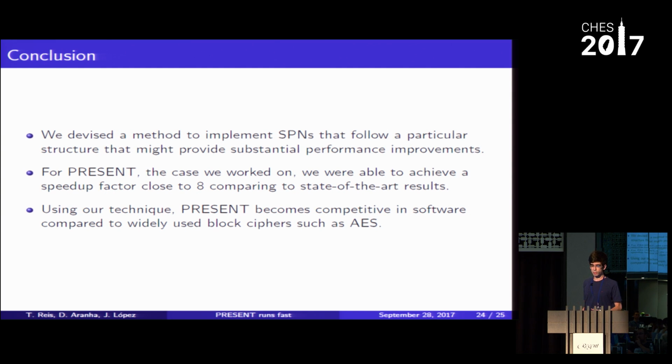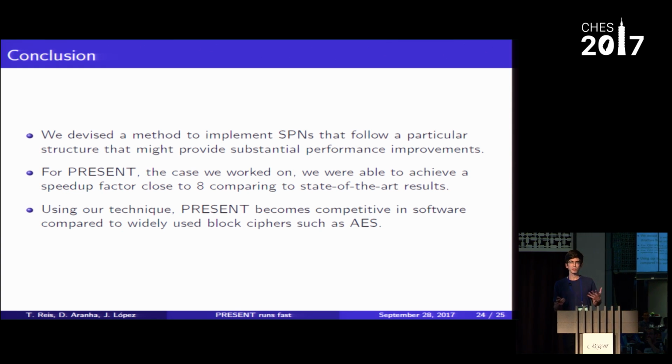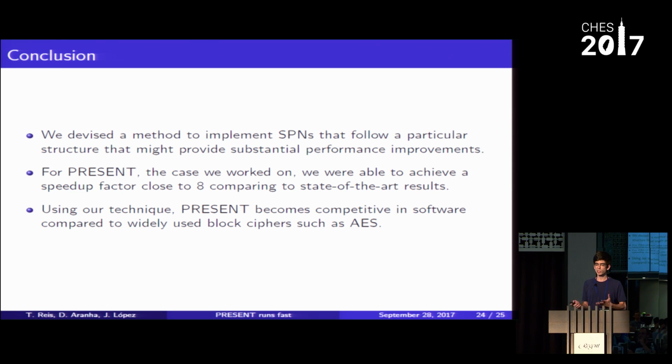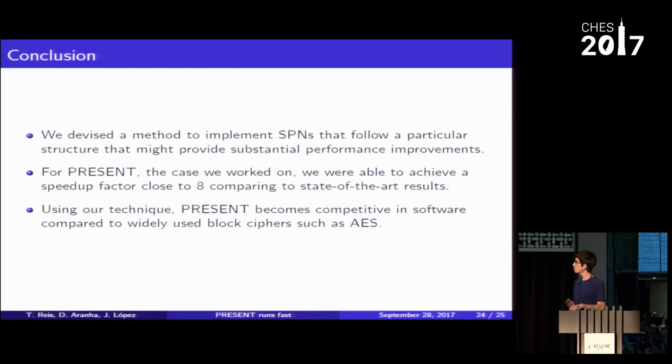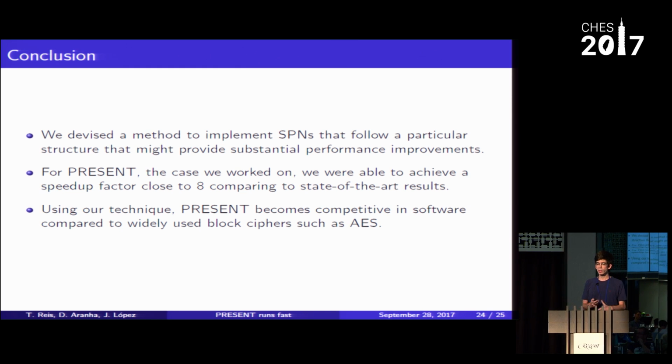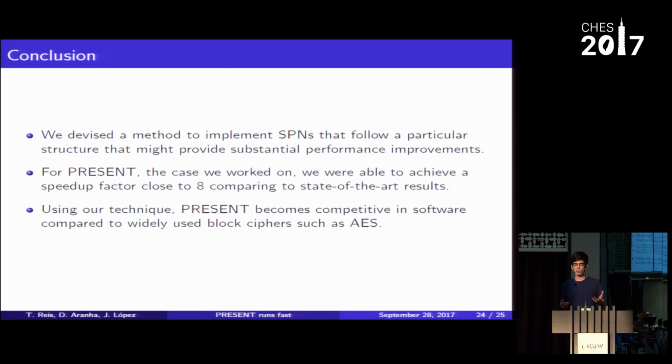And then we can conclude our work, saying that we devised a method that implements certain kinds of substitution permutation networks and that can provide substantial performance improvements. For PRESENT specifically, we were able to achieve a factor close to 8 compared to state-of-the-art results.